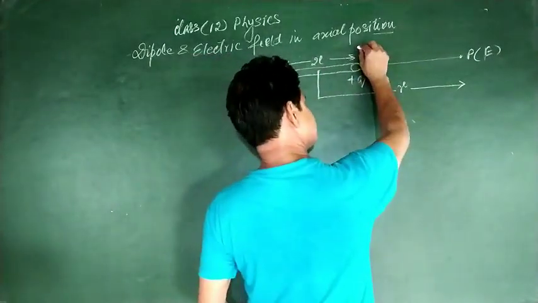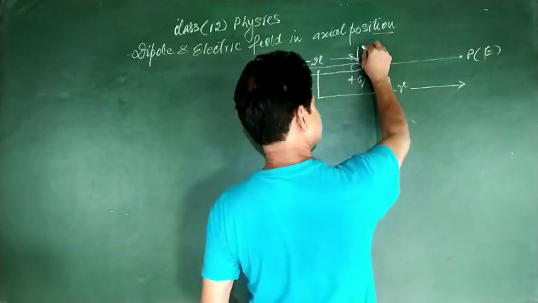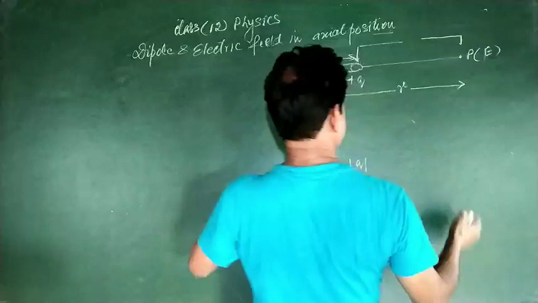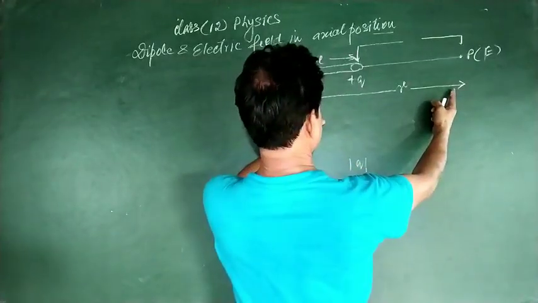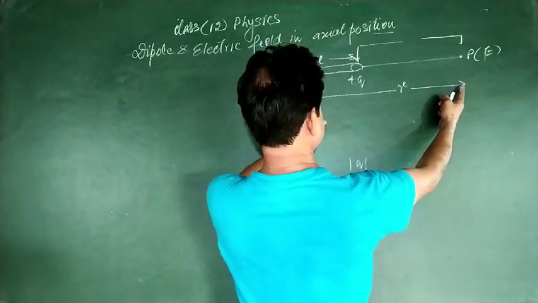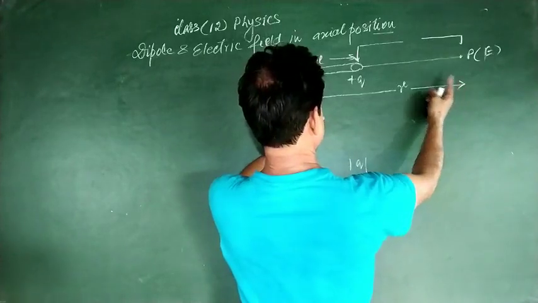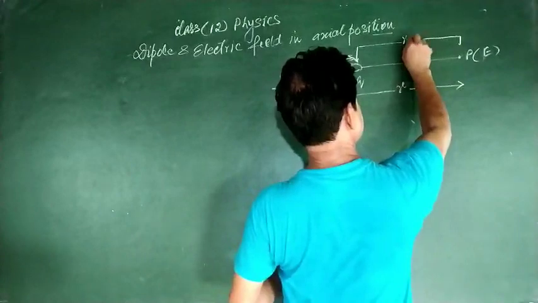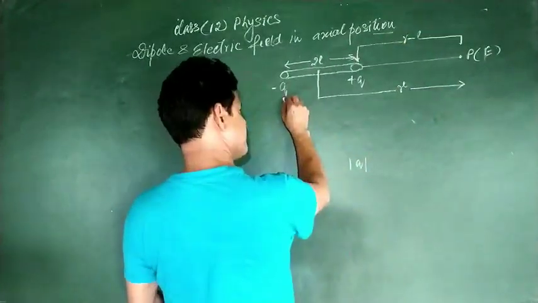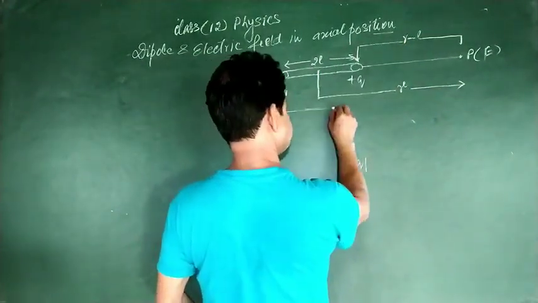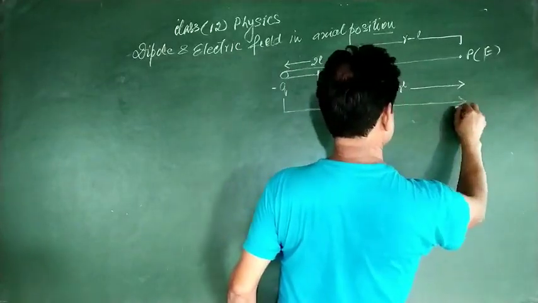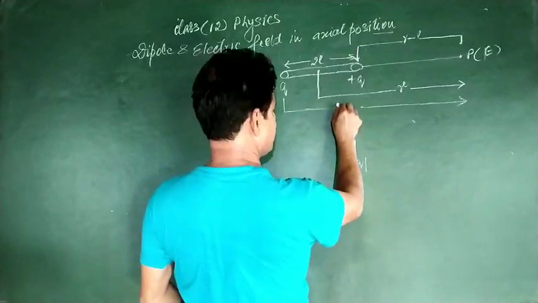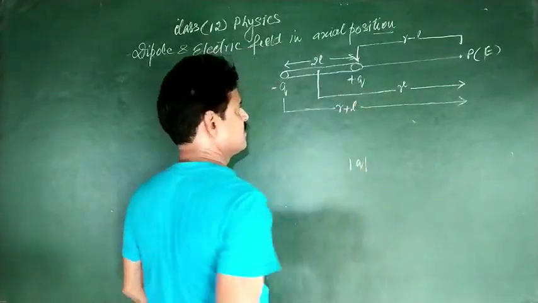So the distance from this end will be a total displacement r, and this is small l, so r minus l, and from the other end the total distance is r plus l.